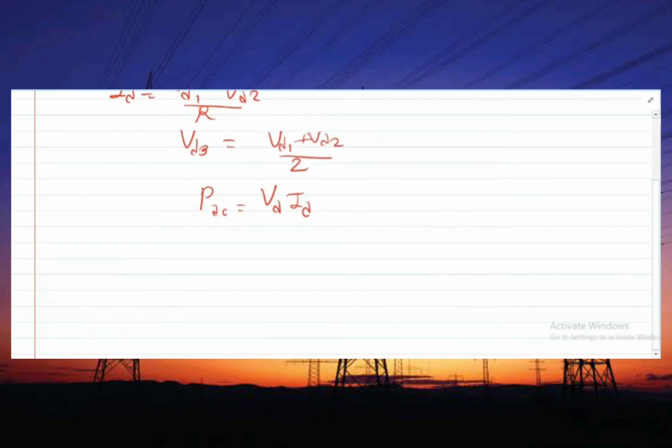One is with a tap changing controller, which is slow and takes 8 to 10 seconds. The other option is fast variation of the DC voltage, which can be achieved through gate control by varying the delay angle for a few milliseconds. You can control the voltage. The value of PDC can be controlled quickly because of the small value of R. Here the value of R is very small.